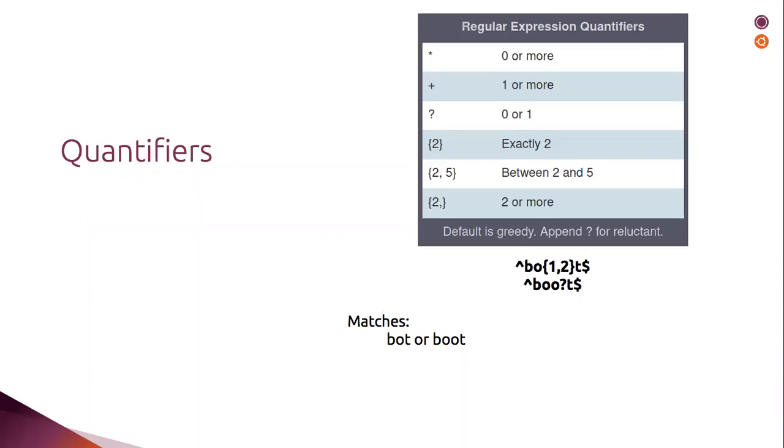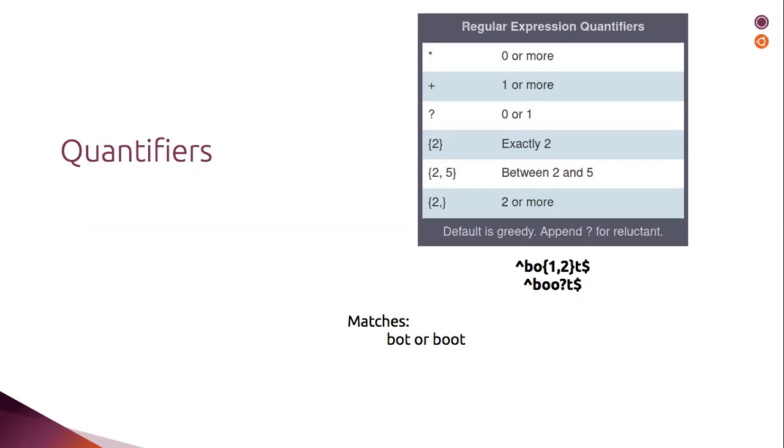It just so happens those two numbers are right next to each other, but really those numbers are a range. You can see in the cheat sheet, it has curly brace 2, 5, right? It's between 2 and 5, at least 2, but no more than 5. In our case, I'm saying I need B, and then at least one, but no more than two O's. So that matches B-O-T or B-O-O-T.